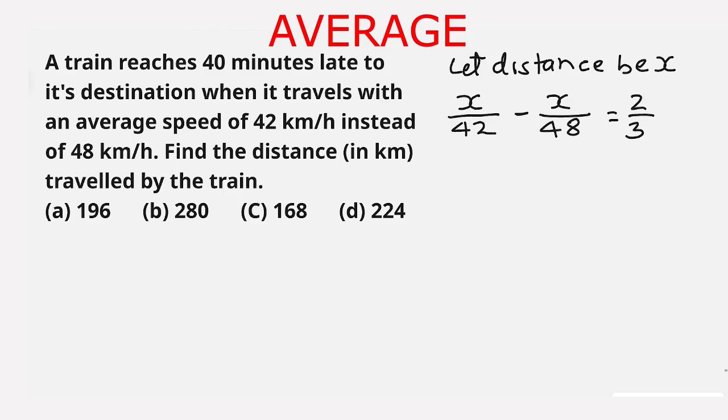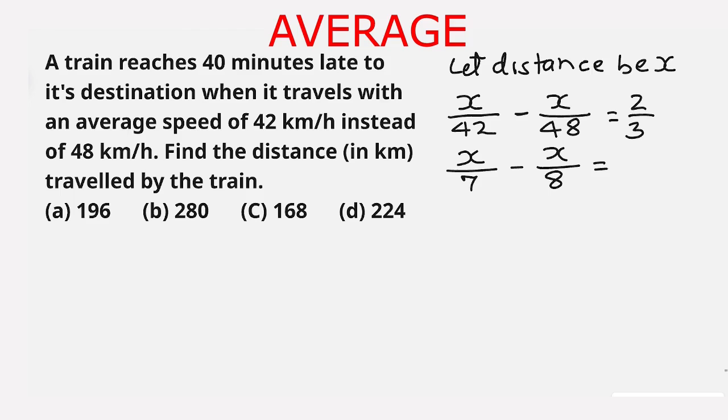We multiply both sides by 6. So this will be x divided by 7, as 6 cancels 42 for 7 times, minus x divided by 8, as 6 cancels 48 for 8 times, equal to 2 multiplied by 6 divided by 3. 3 cancels 6 for 2 times.